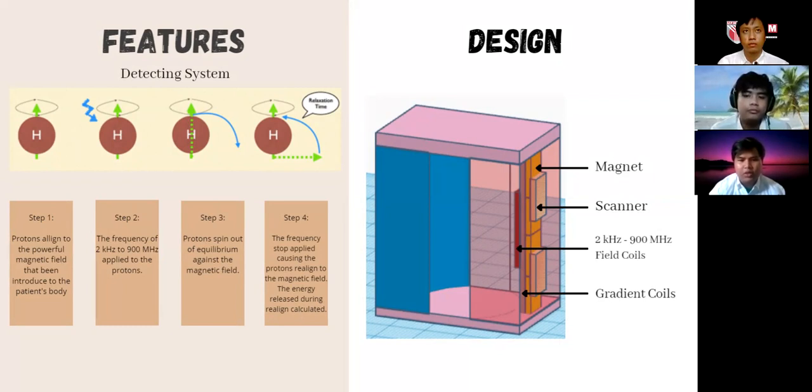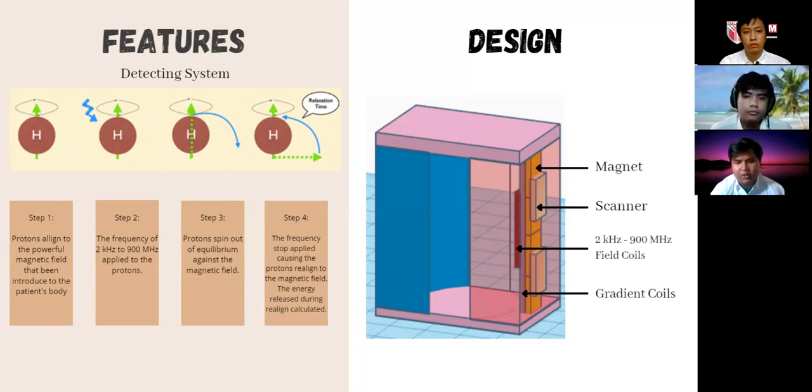Then, when a specific frequency field between 2 kilohertz and 900 megahertz is introduced by the field coil to the patient's body, the protons spin out of equilibrium against the magnetic field. When the frequency is turned off, the protons realign with the magnetic field and release energy.